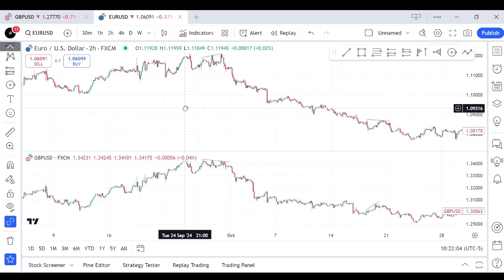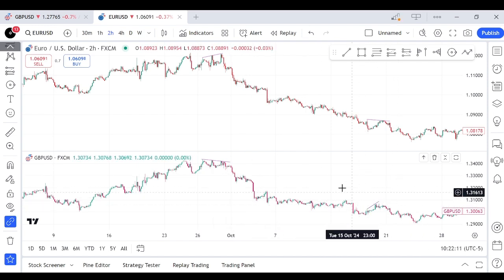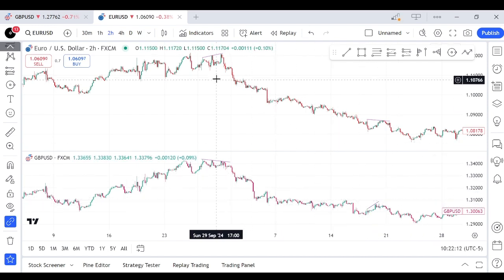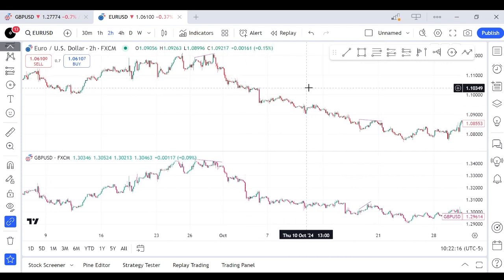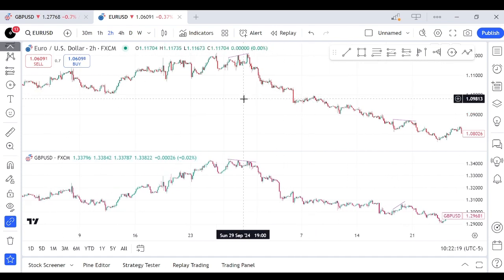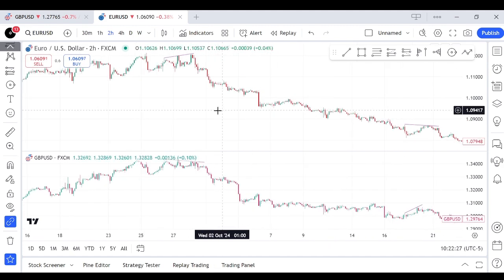You can see this bearish trend here is almost exactly the same thing on the GBP USD. The bearish trend on the Euro USD is quite almost the same, but it is not the same, and that is why we have SMT divergence. So the first step is to look for instances where the price action of one asset diverges from its correlated pair.